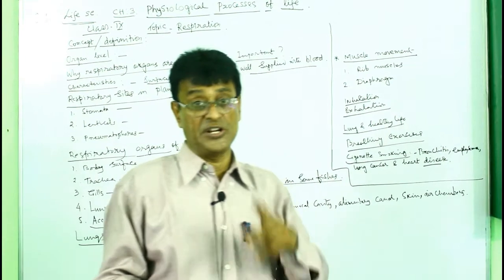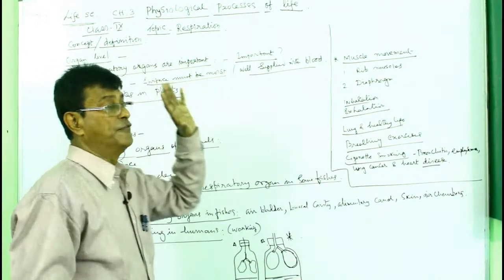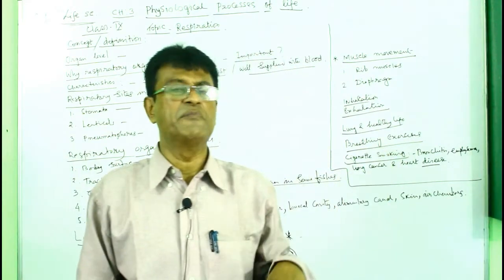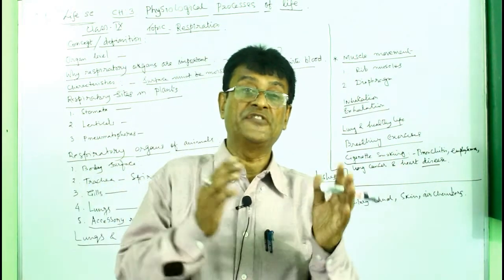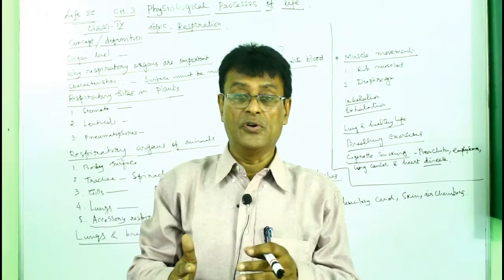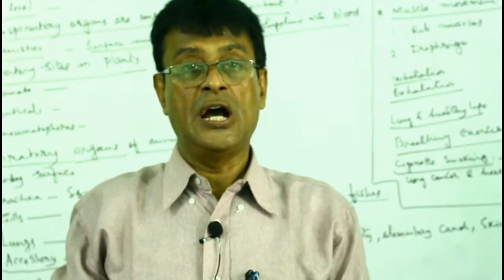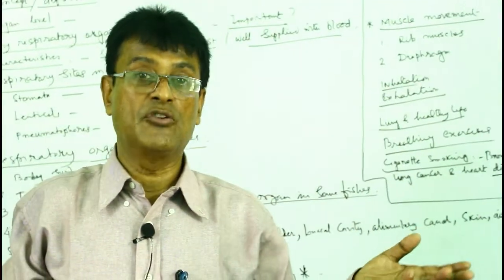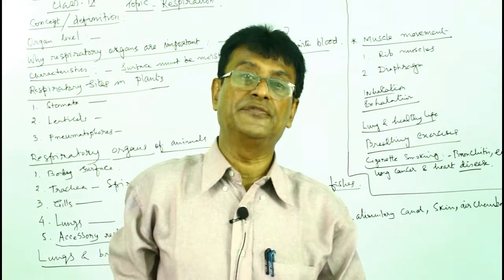What happens in respiration? The food is consumed in different manners. There are different types of animals, herbivore, carnivore, omnivore, and the very small ones, the microbes, also obtain food.